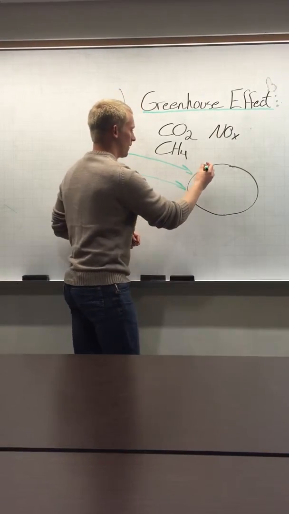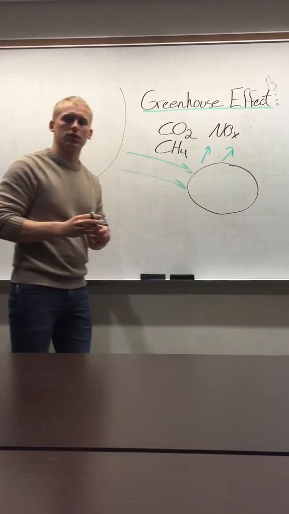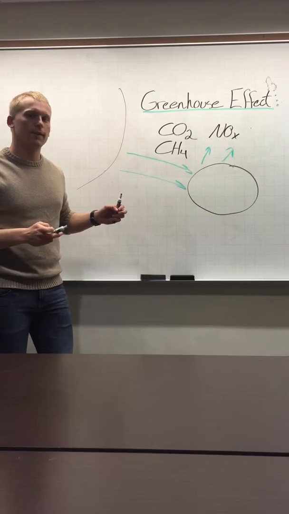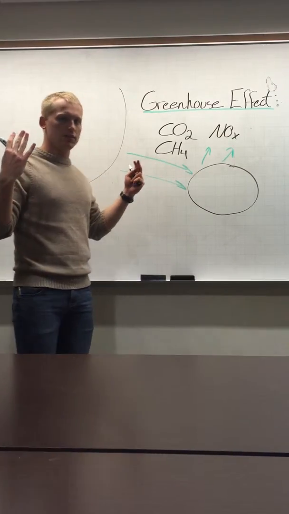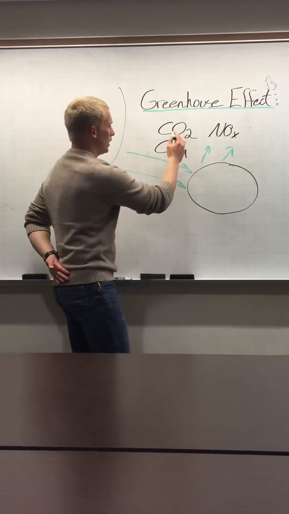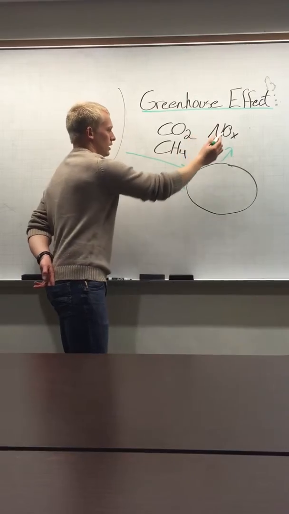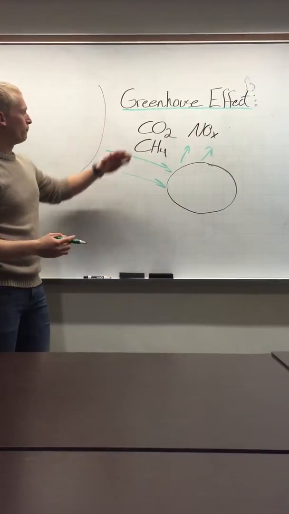Some of this energy, some of this radiation leaves, goes back into space, right? Just like when we're sitting inside the car, some of the radiation leaves. But we have some molecules in the atmosphere, like carbon dioxide, methane, nitrous oxide.